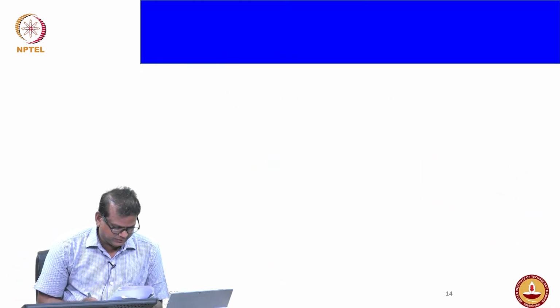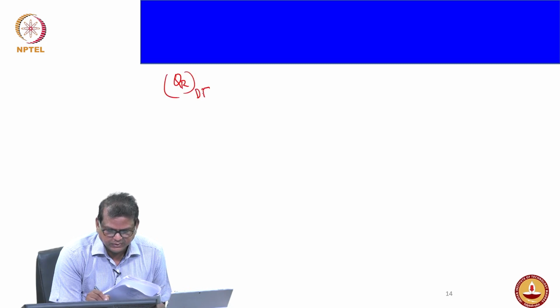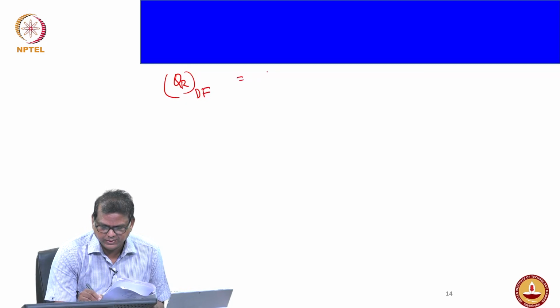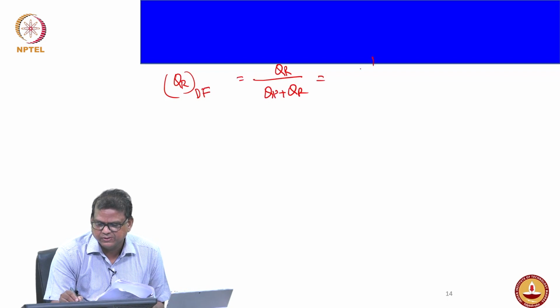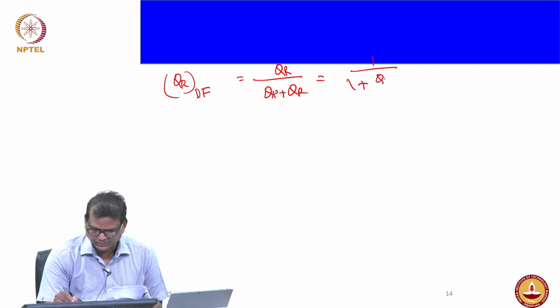So I need to find out the heat distribution factor for the rotor, QR, dF, right. If I want QR by QP plus QR, of course rearranged, it is 1 by 1 plus QP by QR, right.